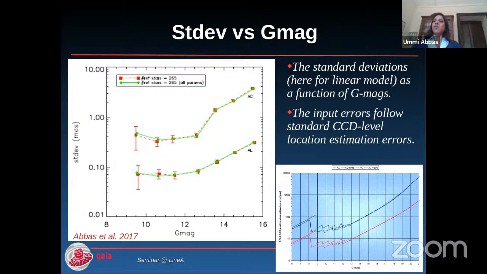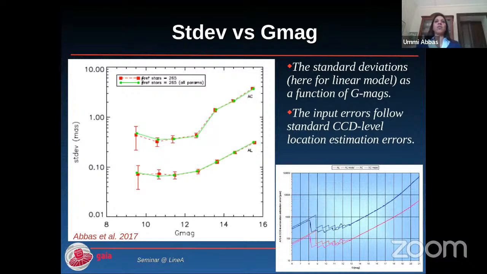So this plot, for example, on the lower right-hand side shows the input errors, the standard CCD level location estimation errors. So the same solid lines, the red lines that I had shown at the beginning for the EDR3 astrometry. So this is the ideal estimates, and essentially what we obtained using this particular method, we were able to see the same dependence in along scan and across scan.